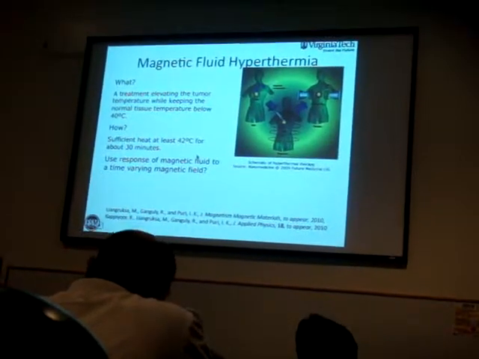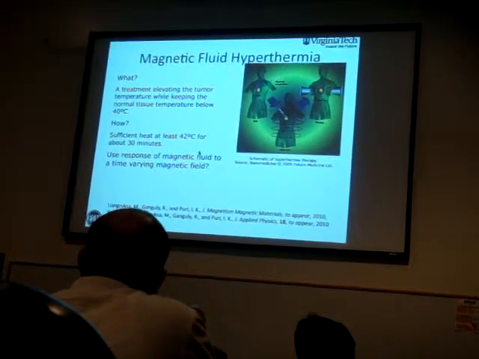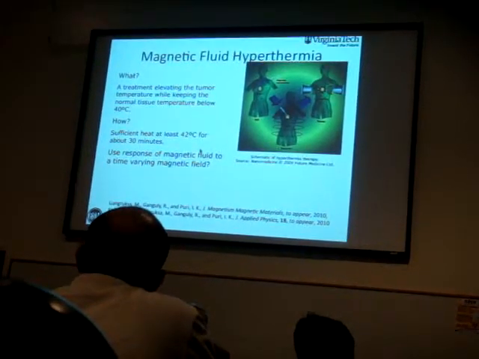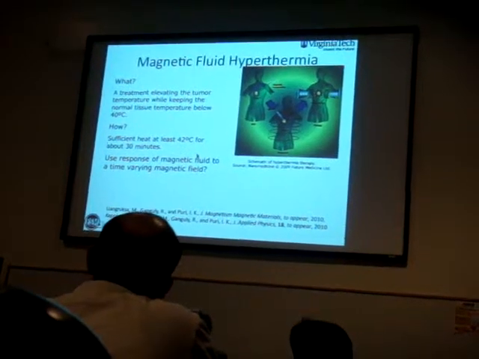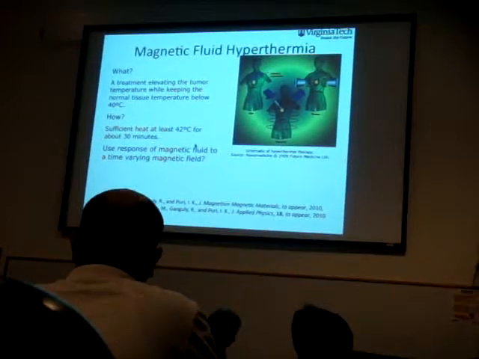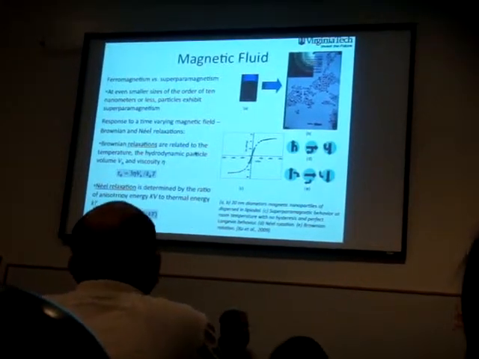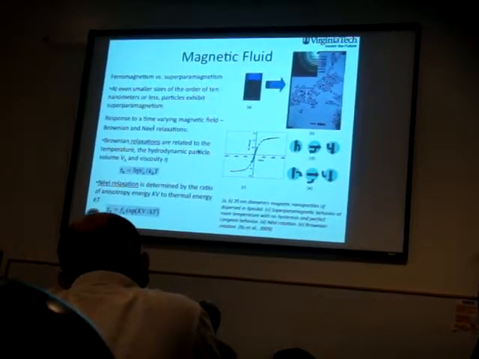Up to now I've only talked about a DC magnetic field. I've talked about steady magnetic fields. Now we're going to talk about AC magnetic fields. In AC magnetic fields, you change the orientation of the magnetic field according to a particular frequency. And so what happens in the presence of an AC magnetic field is that the magnetic particles rotate.